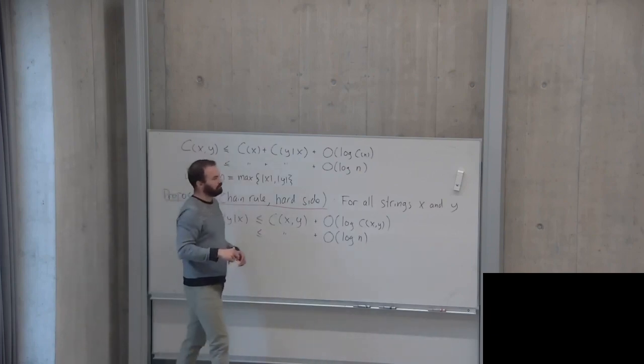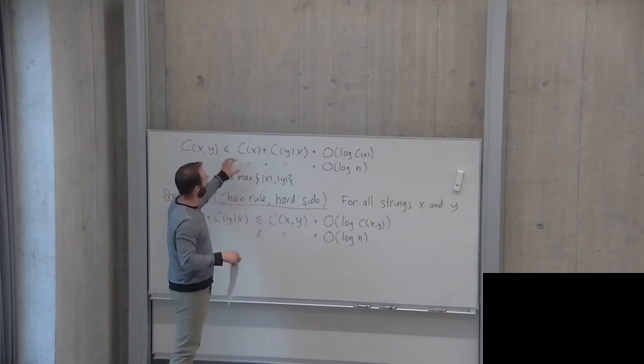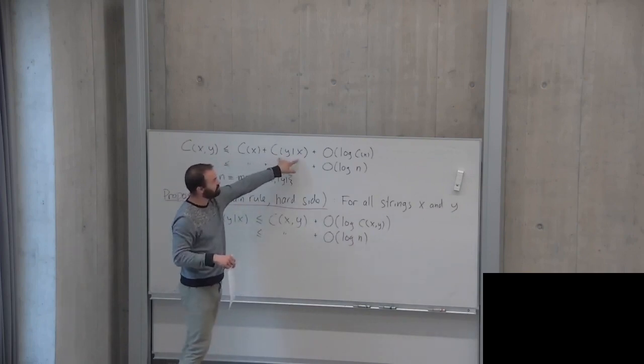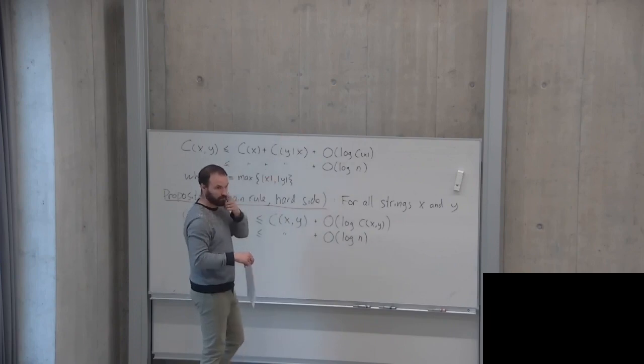Because C of xy is going to be smaller than C of x plus C of y given x. So I could say also smaller than C of y, ignoring x.